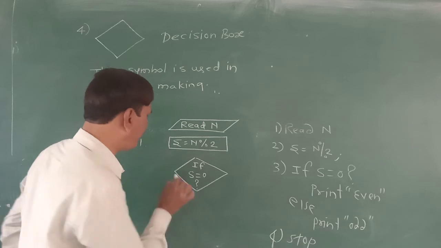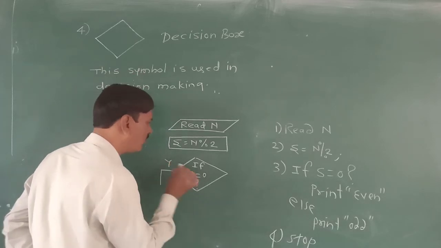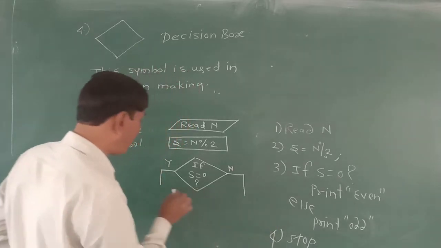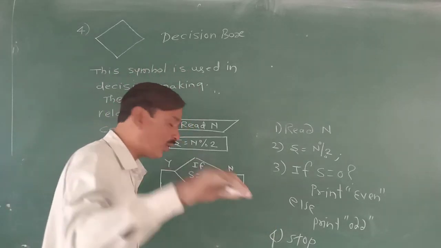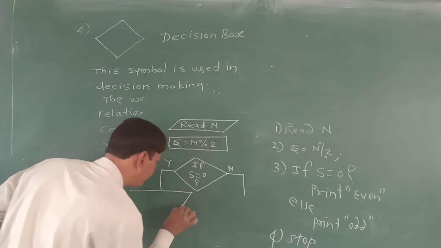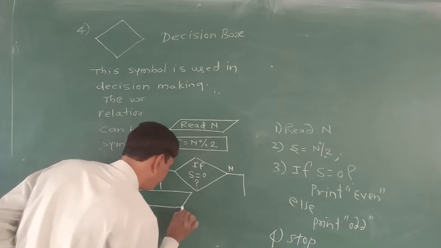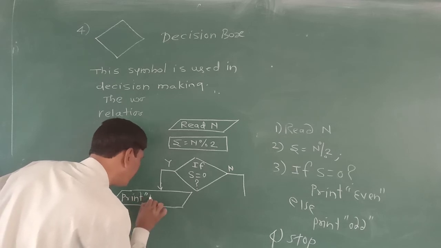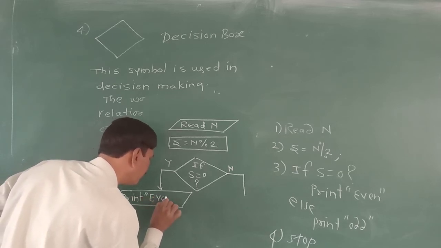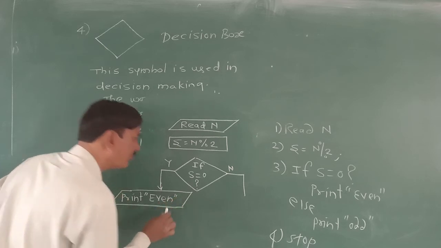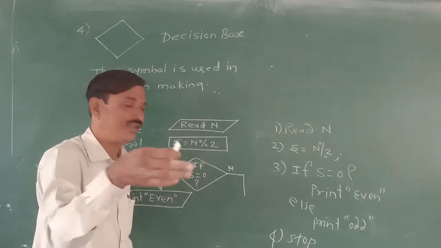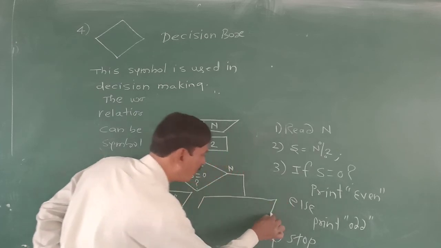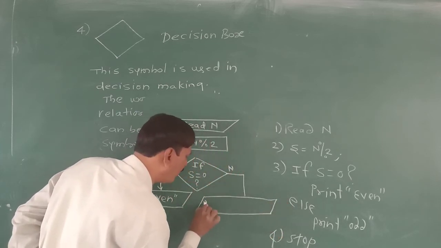So the computer will reply the answer yes or no. So if yes, what are we forcing the computer to do? To print a message. Print even, when the computer says yes is equal to 0. If the computer says no, then what are you instructing the computer?